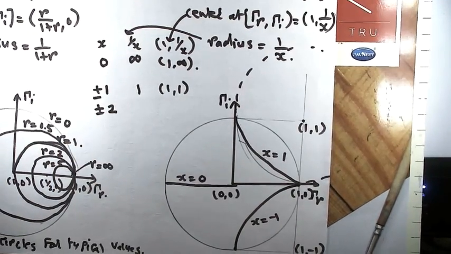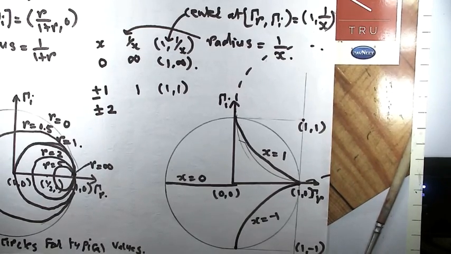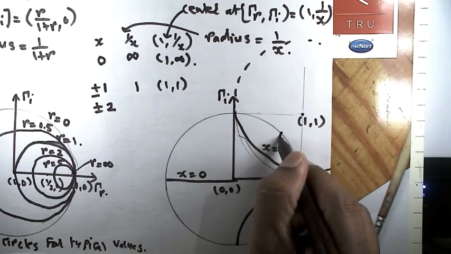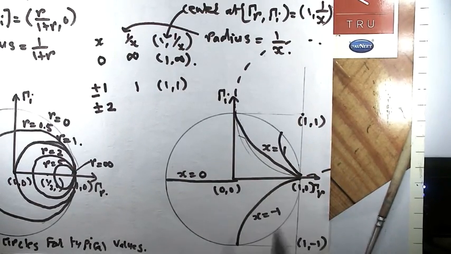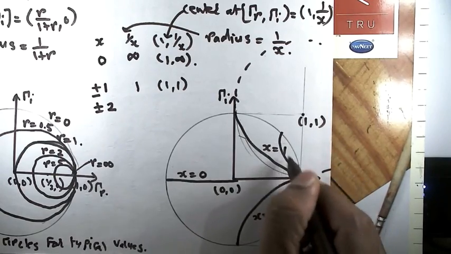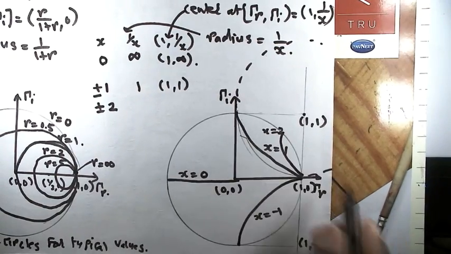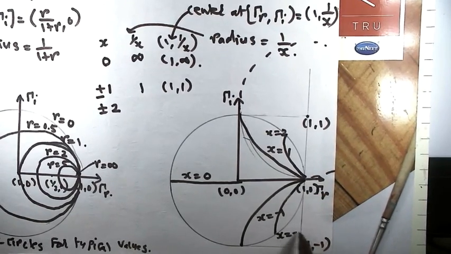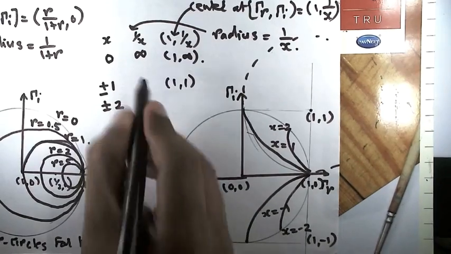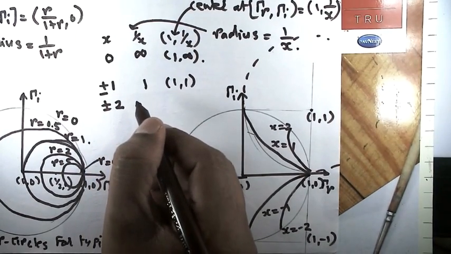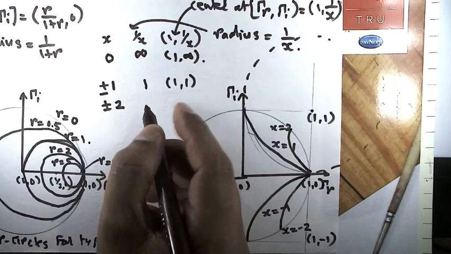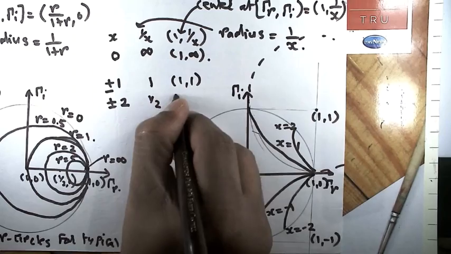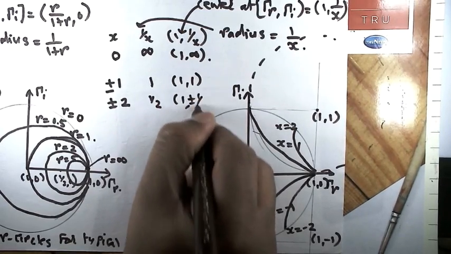Then we will see that a circle for a typical value of x equal to 2 may lie in this way. So this circle is x equal to 2. In the same way I may have an x equal to -2 circle, and the radius for this case, if I put the values, will be 1 by 2, and the center at 1, plus or minus 1 by 2.